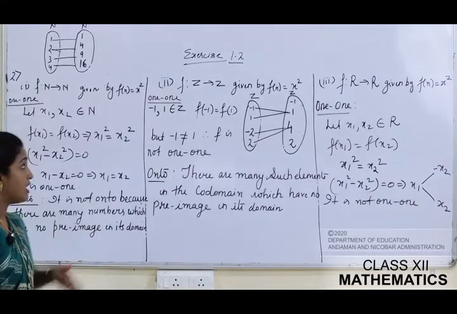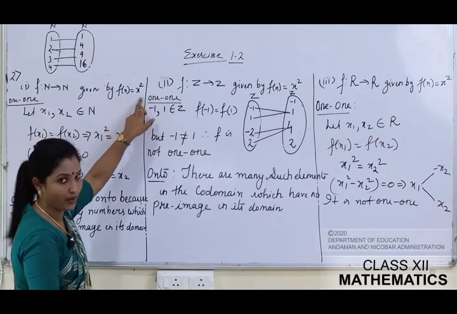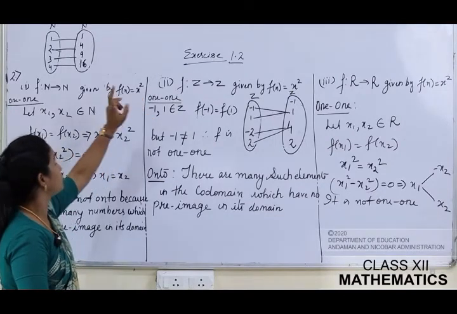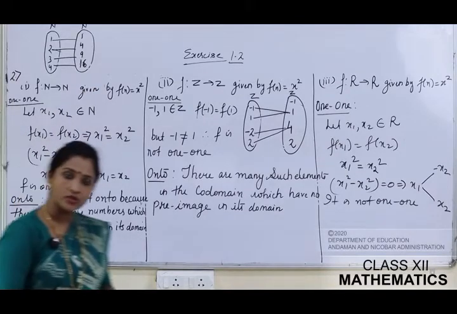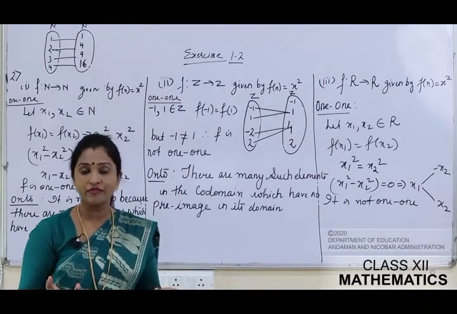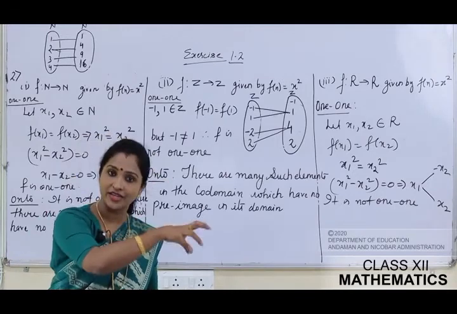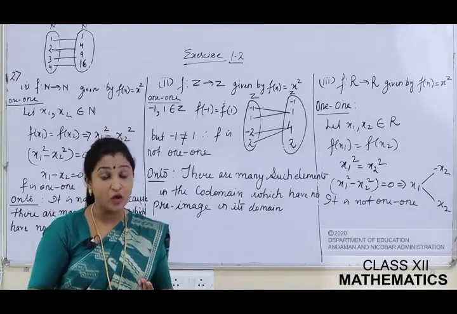What are the numbers? The function is f(x) is equal to x square. What about 2? In the natural numbers, you will be having 2 also. Is 2 a square number? No. So 2 will be left out. 2 will not be having a pre-image in the domain.